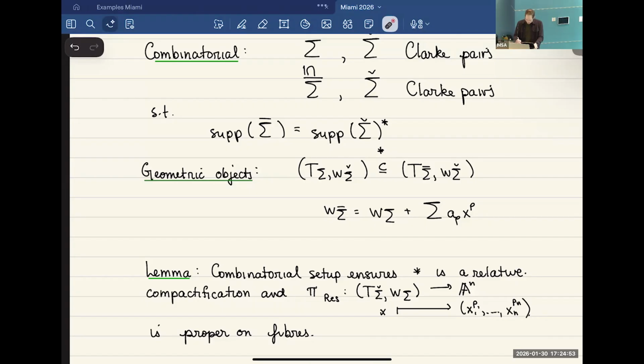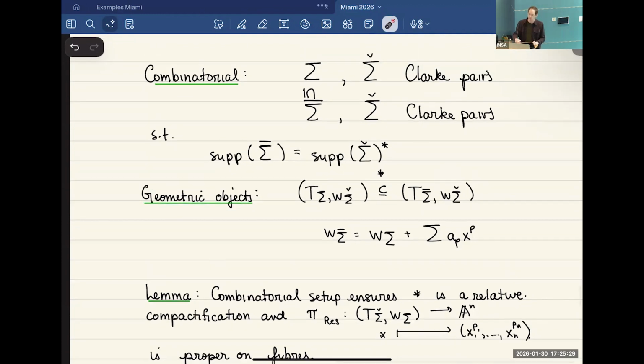And the second part, which is sort of mirror to that, is that if I take the corresponding map on this Landau-Ginzburg model, the perspective mirror object or whatever, the induced map coming from all of the extra monomials that I added gives me something that's proper on fibers. So this basic combinatorial setup of inclusion of Clarke mirror pairs actually achieves the geometric constraints that I placed in the previous slide.